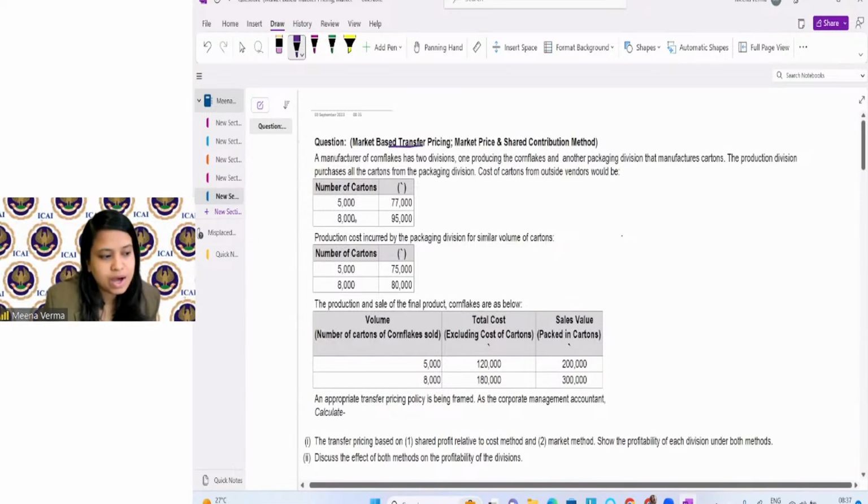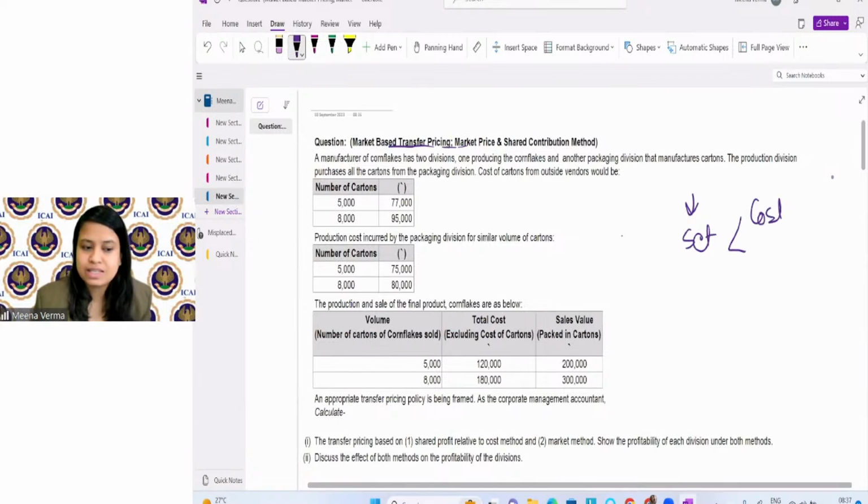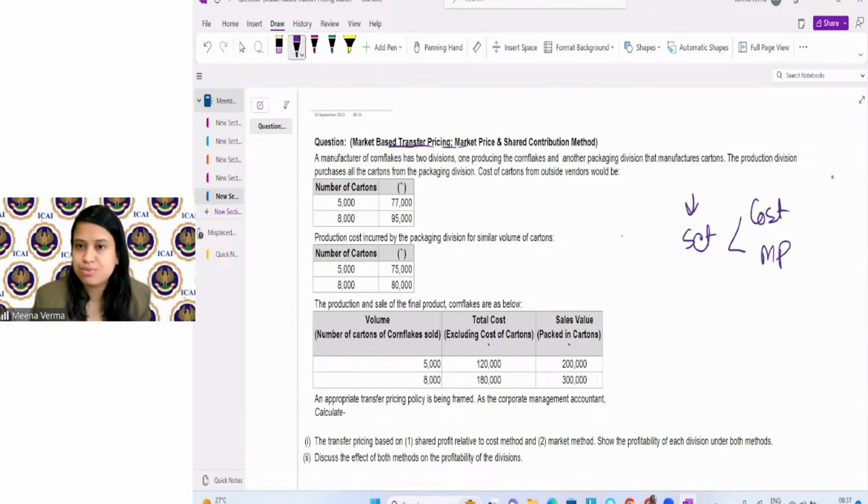This question is based on market-based transfer pricing. You have learned that the transfer price may be cost-based or market-based.